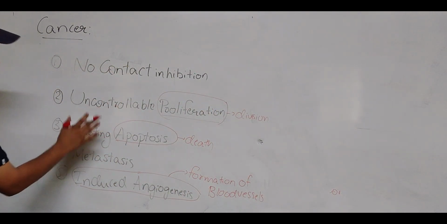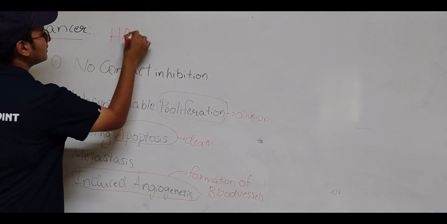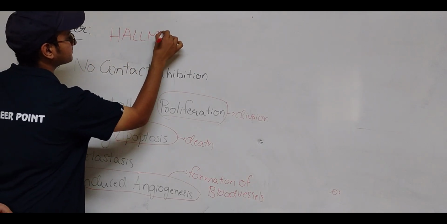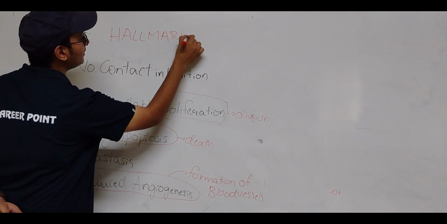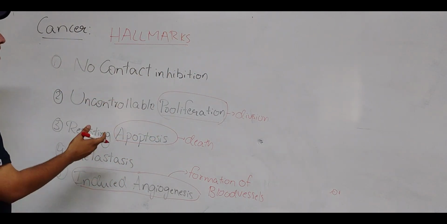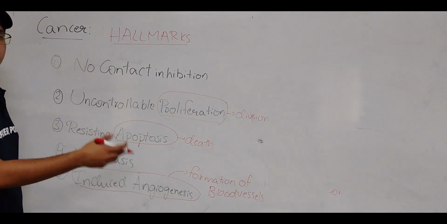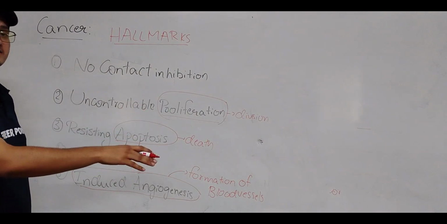So these are the five important characteristics, and we can also call them hallmarks of cancer, or the defining features of cancer. This might be asked in any way, like they can give a statement and tell you to identify which of them belongs to cancer.